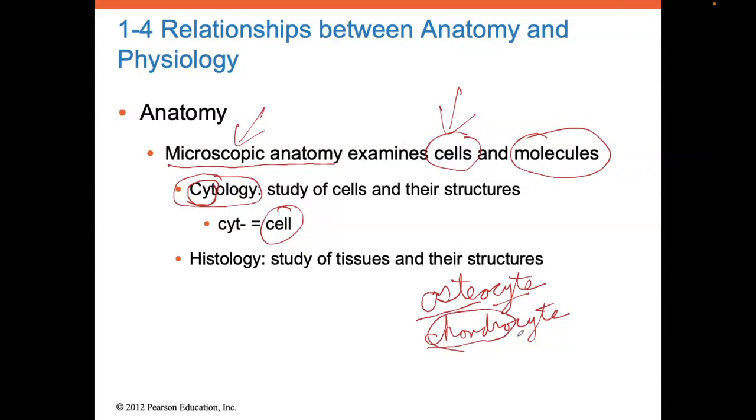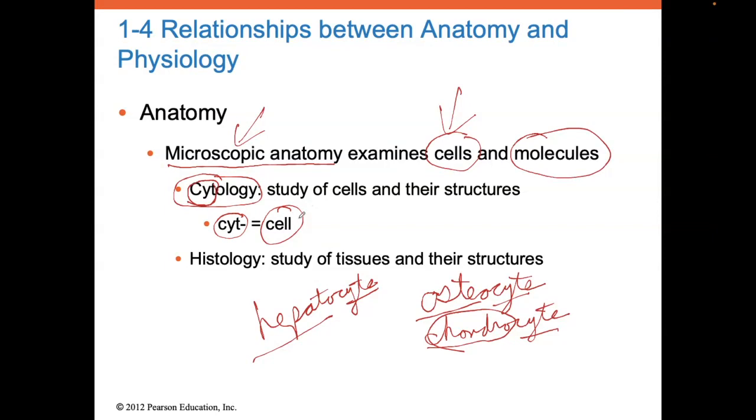Chondro means cartilage. Now we're talking about a cartilage cell. We may be talking about a hepatocyte. Hepato, like hepatitis, means liver. Now we're talking about a liver cell. So whenever you see cyte, we're going to link that to cell.